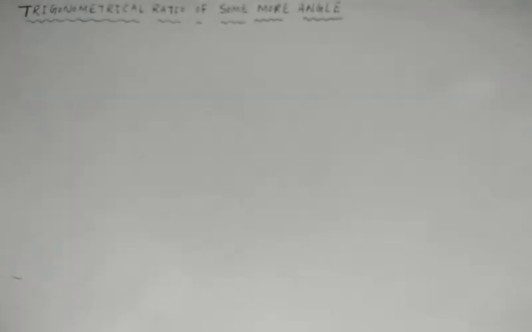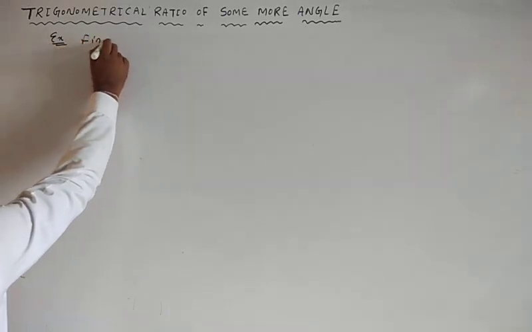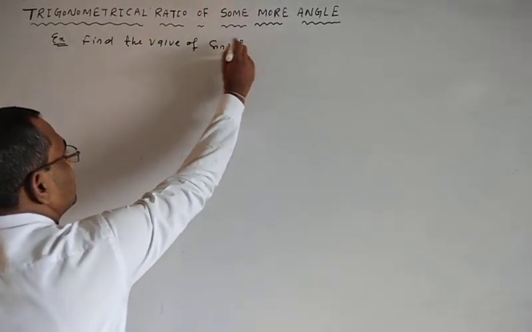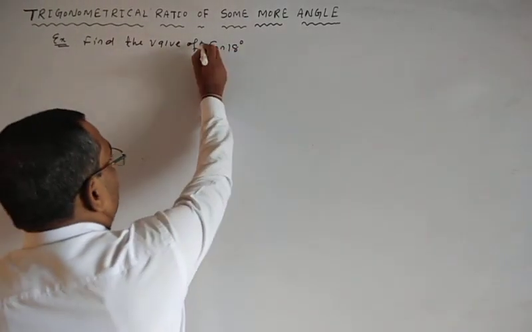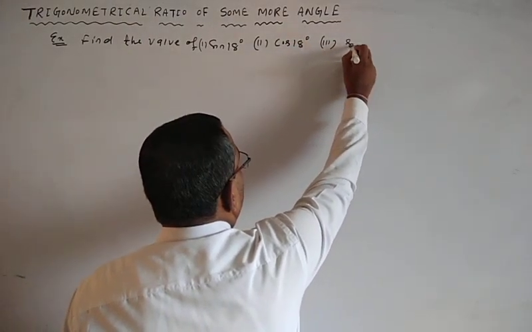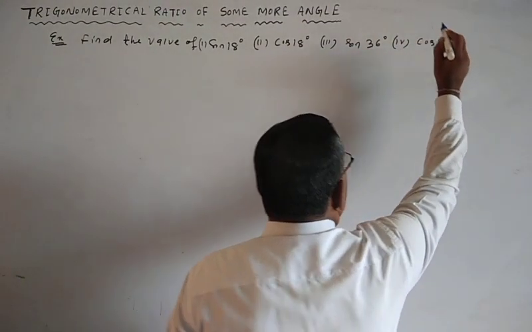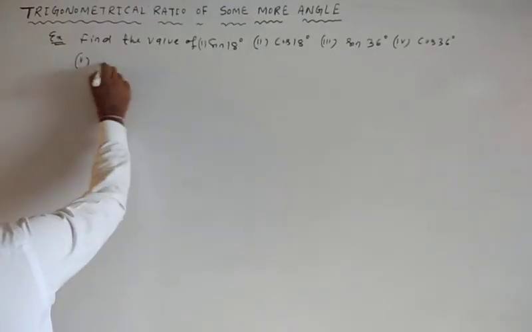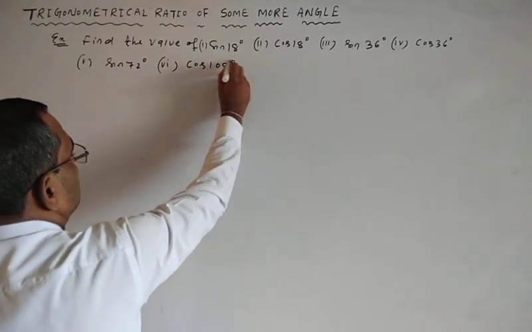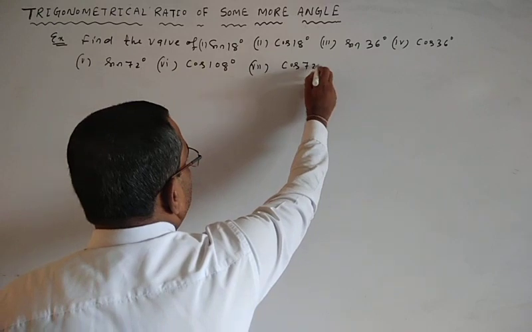So find the value of sin 18 degree, number 1; number 2, cos 18 degree; sin 36 degree; cos 36 degree; sin 72 degree; cos 108 degree; cos 72 degree.